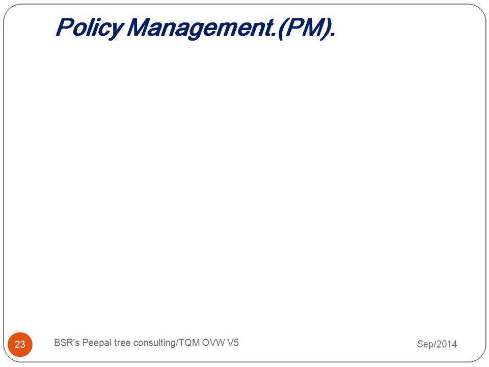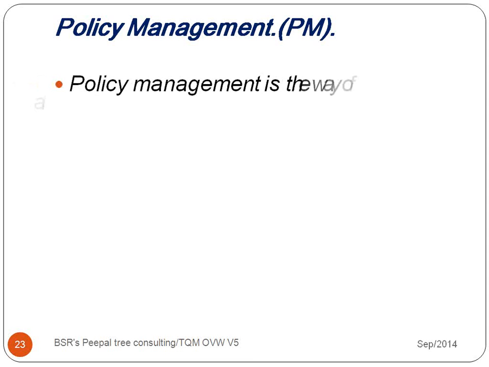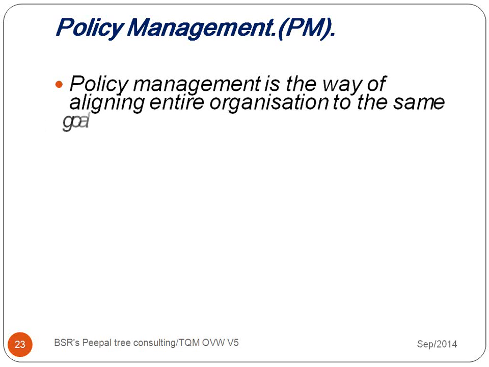Next comes policy management. Now what is policy management? It's nothing but the way of aligning the entire organization to the same goal. And this goal is not all about incremental improvements.